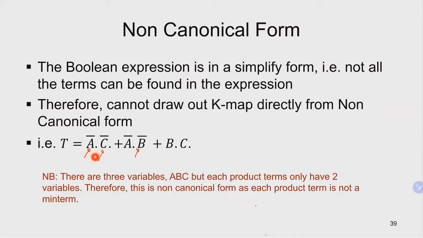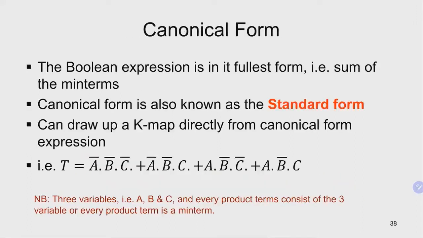If you tried to draw a Karnaugh map from this expression, you can't. In order to draw the Karnaugh map, you have to go back to your truth table and write down the truth table of the function. Only then can you draw the Karnaugh map. Whereas in this function, you don't need your truth table. This itself is already the truth table. You can write down the Karnaugh map directly from these expressions.